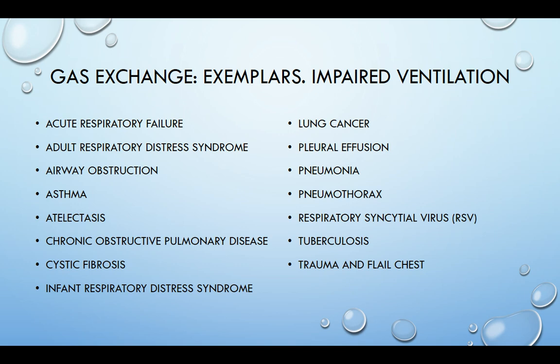Impaired ventilation: acute respiratory failure, adult respiratory distress syndrome, ARDS, airway obstruction, which happens a lot, asthma, atelectasis, chronic obstructive pulmonary disease, COPD, cystic fibrosis, infant respiratory distress syndrome, so that's IRDS, lung cancer, pleural effusion, pneumonia, pneumothorax, respiratory syncytial virus, RSV, which we see mainly in children, tuberculosis, which covers just about every age group that's out there, and then trauma or flail chest.